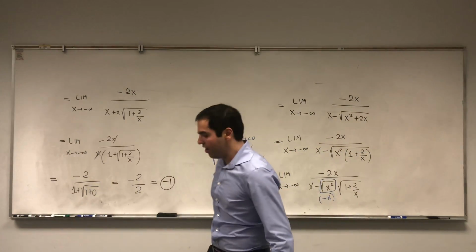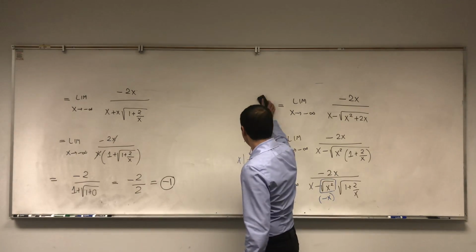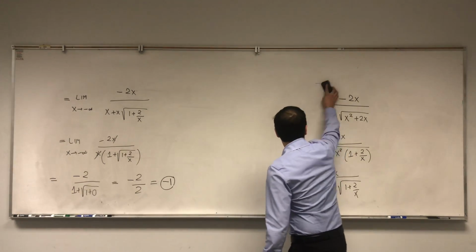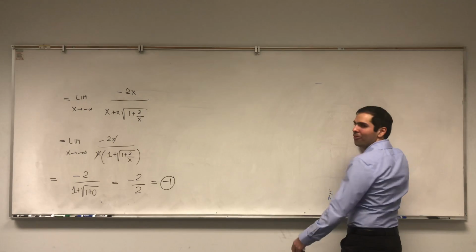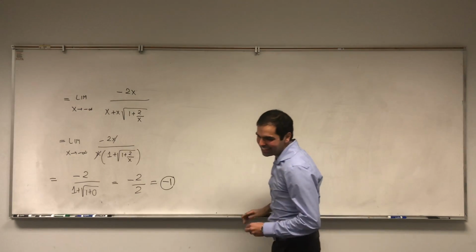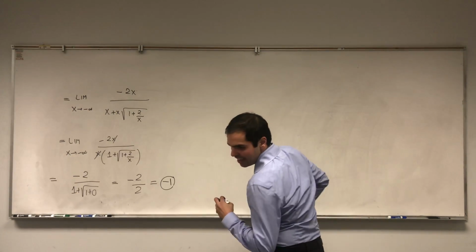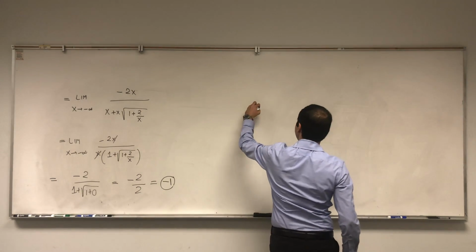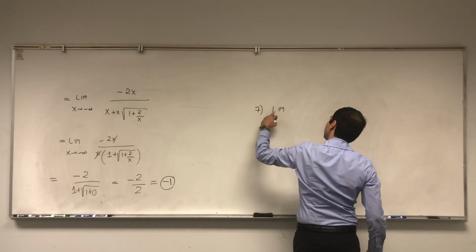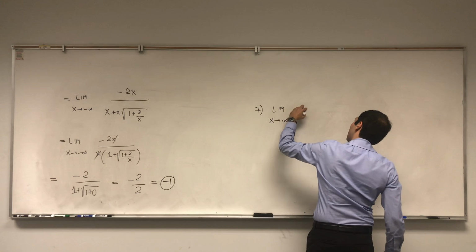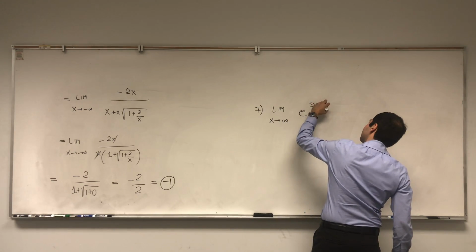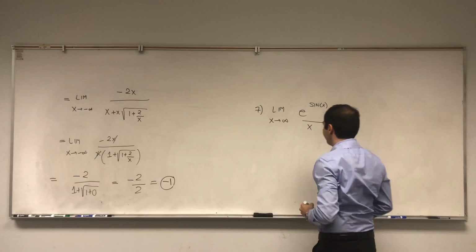Okay, then moving on. So, squeeze theorem. Oh, sorry, I meant to say, let's guess what's next. So, limit as x goes to infinity of e to the sine of x over x.